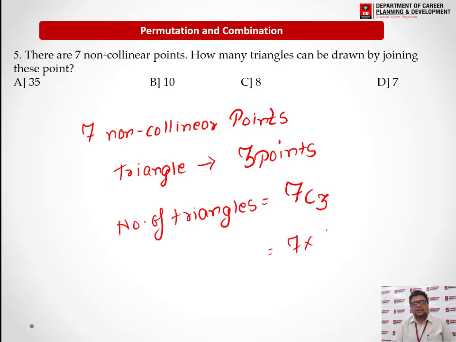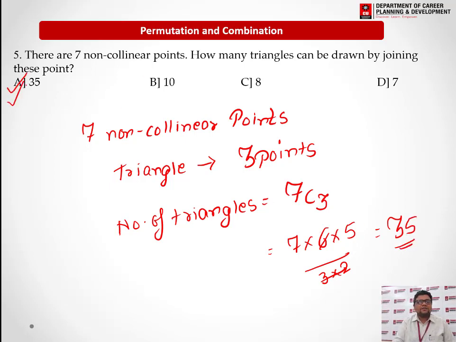If we solve this, it will be 7 into 6 into 5 divided by 3 into 2. This value will cancel out. It will be 35. So a total of 35 triangles are possible from 7 non-collinear points.